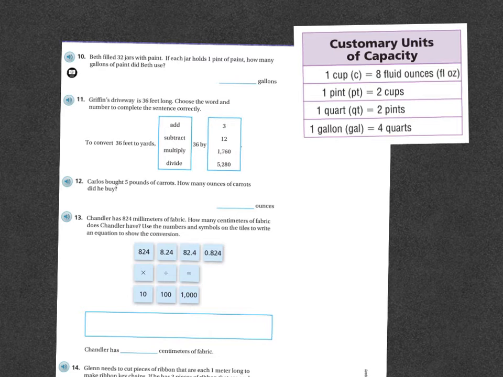Okay. 11, Griffin's. Oh, it's like Angel's last name. Griffin's driveway is 36 feet long. Choose the word and number to complete the sentence correctly. To convert 36 feet to yards, just so you can see it as well, let me pull that up.